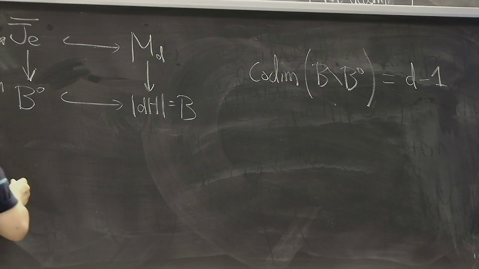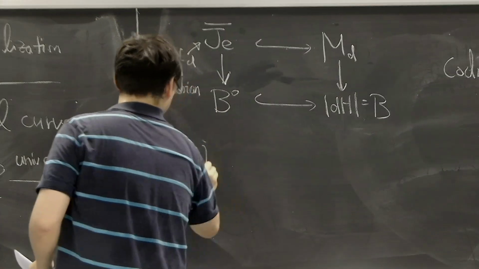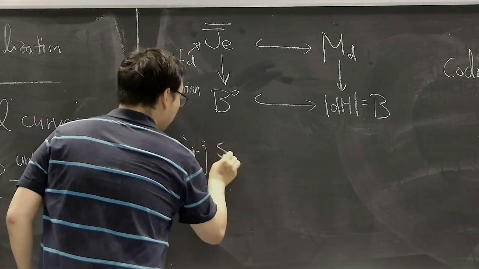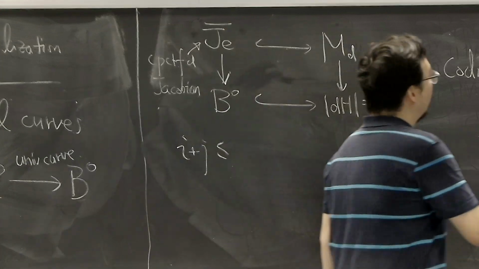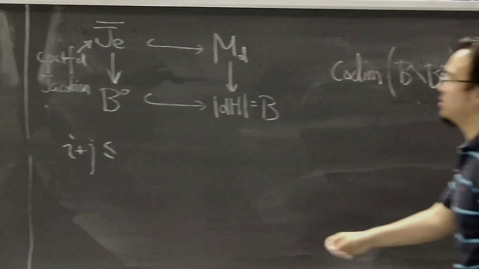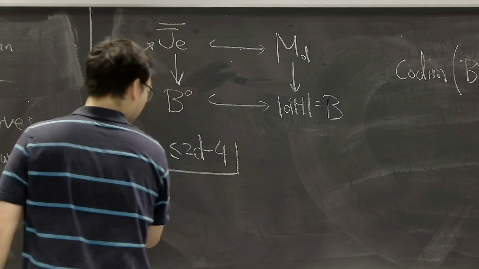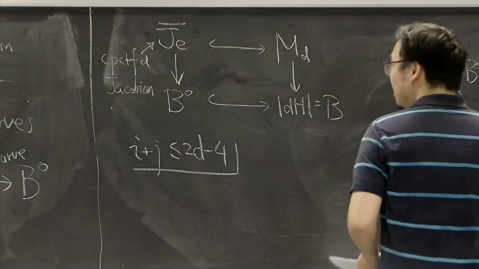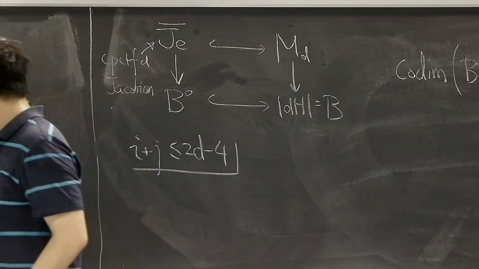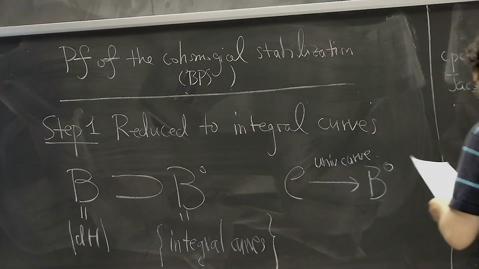In particular, the codimension of the boundary of this compactified Jacobian is also equal to D minus 1. So by an excision sequence, if the cohomological grading is strictly smaller than twice of it, which is exactly 2D minus 4, we only care about the compactified Jacobian over B0.